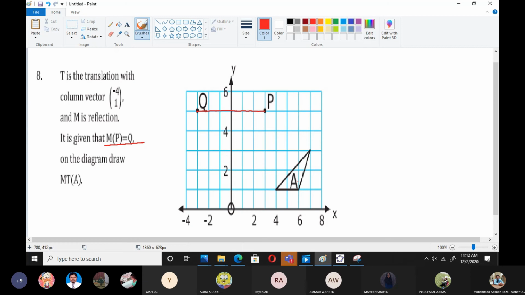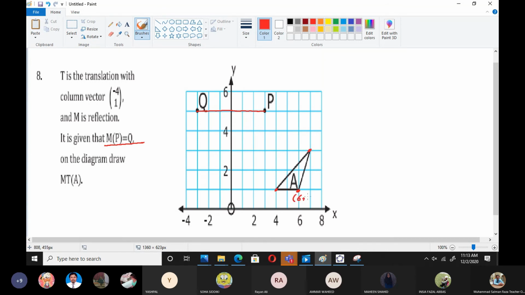So A will be translated to A bar, and then I am going to find the reflection of it. Let's see where the reflection will take place. The very first thing is I am going to translate this A. So without wasting any time, I am going to mark these 3 points. Point is 6, comma 1.